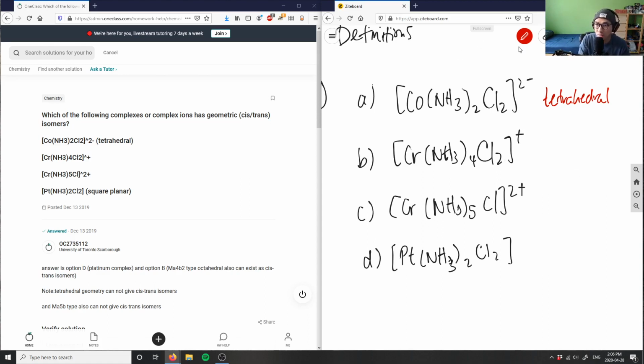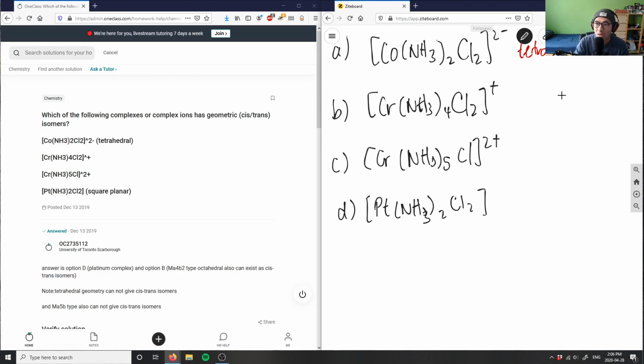If we draw this out in terms of VSEPR theory, we have Cr bonded to 1, 2, 3, 4, 5, 6 things: Cl, Cl, NH3, NH3, H3N, H3N. This is a great example of an octahedral group.